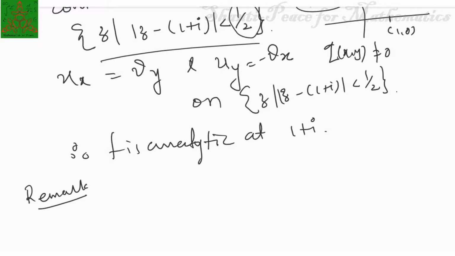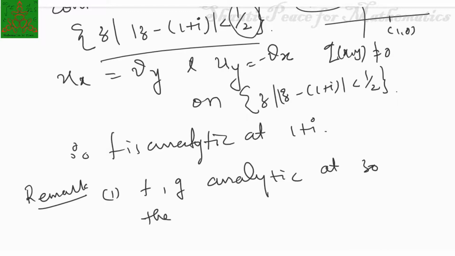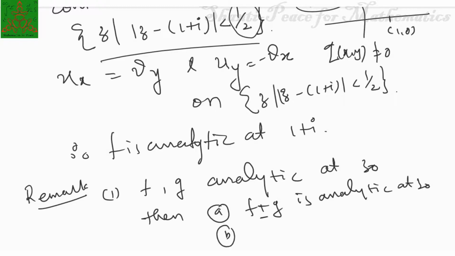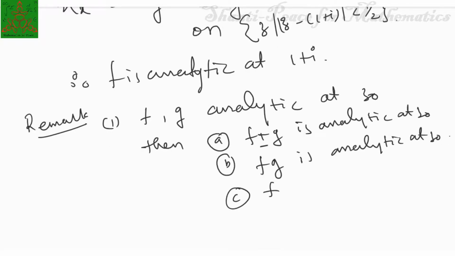What we can say is, if f and g are analytic at z0, then f plus g is analytic at z0. Second, f minus g is also analytic at z0. f into g is analytic at z0. Third, f upon g is also analytic at z0 if g is non-zero.